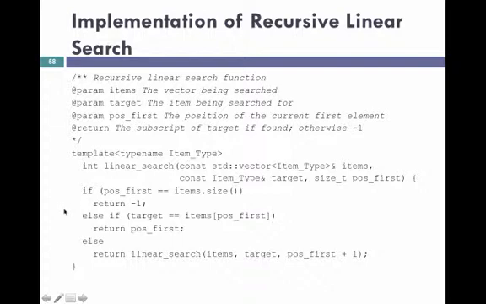It's not found. If the target is found at the position that's passed as our parameter, then we return pos first, that index number. Otherwise, here's the recursive call. We call it with the same vector items, the same target value, and pos first + 1, so we'll exclude the first item in the vector for the recursive call.